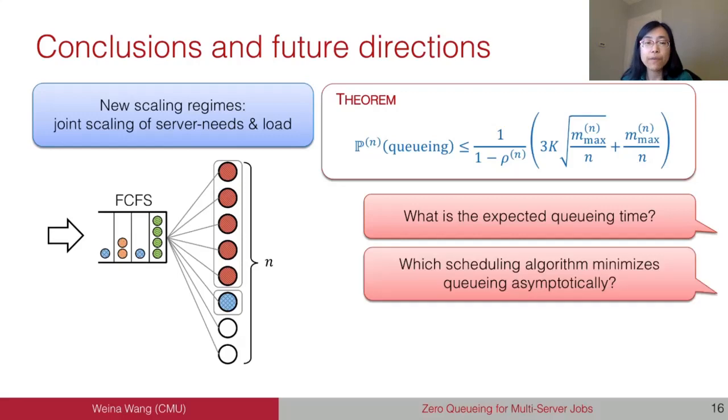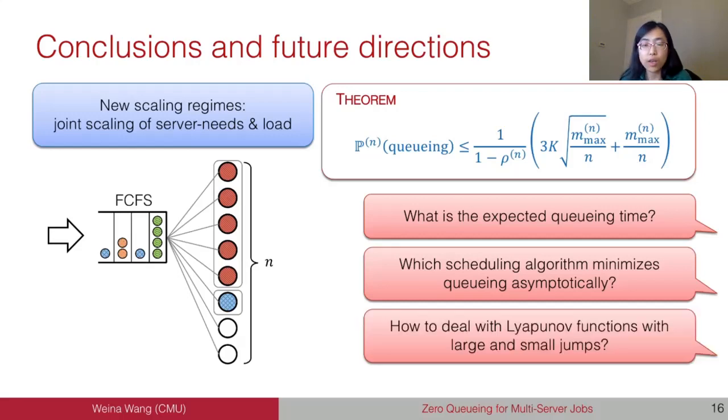Next, we haven't compared the different scheduling algorithms, and we want to know which scheduling algorithm minimizes the queuing time. And on a more technical level, multi-server jobs can make the Lyapunov functions have jumps of different scales. So how can we handle Lyapunov functions with both large and small jumps to derive tighter bounds?